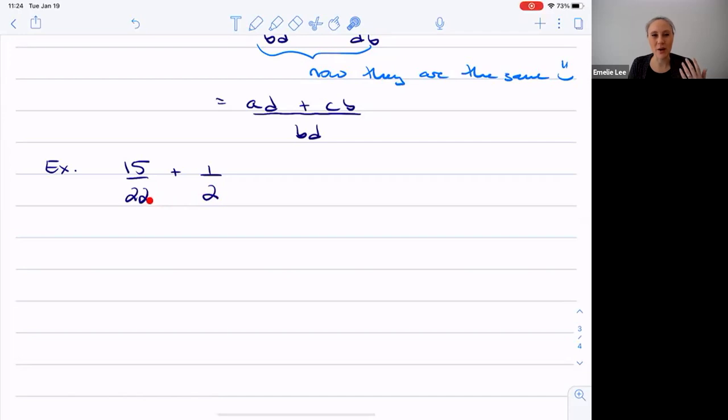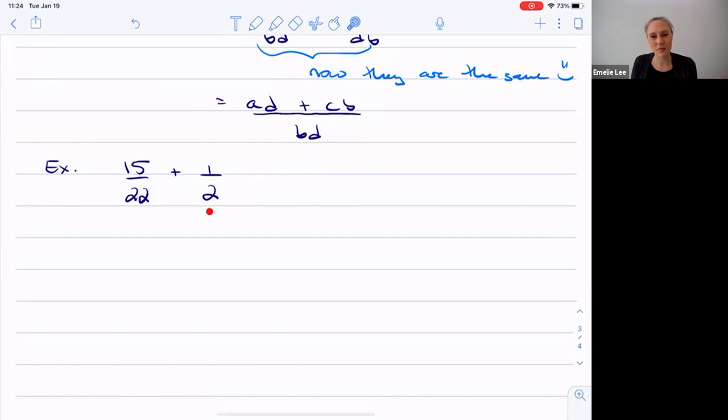A lot of the time, I definitely don't see those quick moves, right? And so what I just did, so like I said, my way is it'll always work, but it's not the most elegant way, right? So here you can look at this and say, oh, well, if I multiply this second fraction by 11 over 11, then I would have a common denominator of 22.